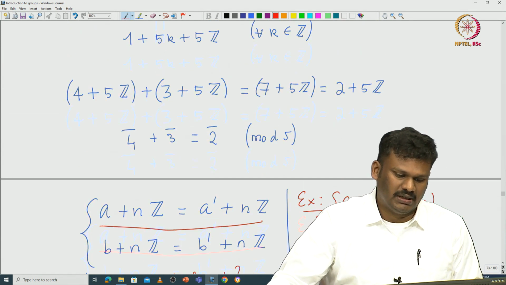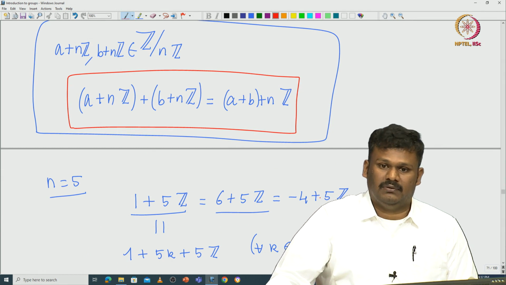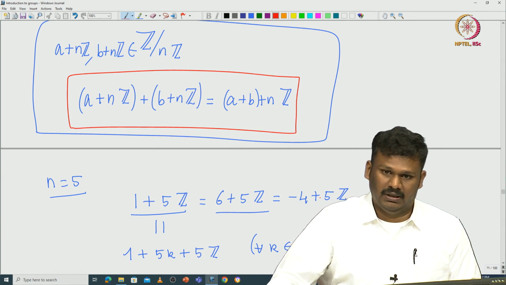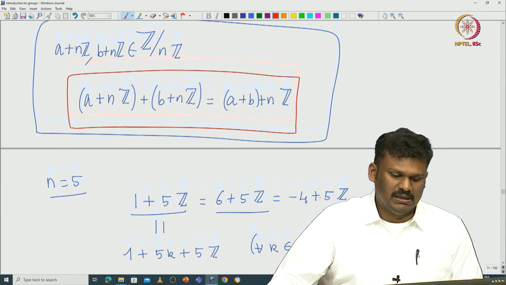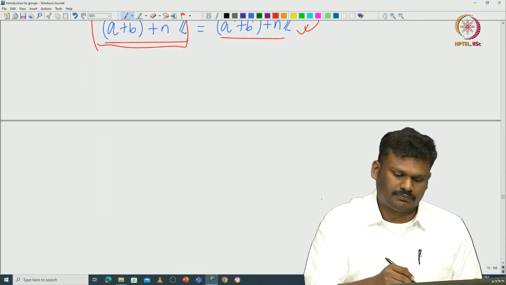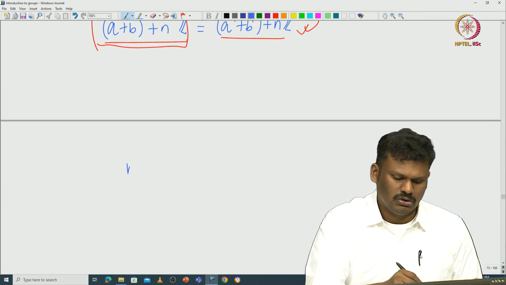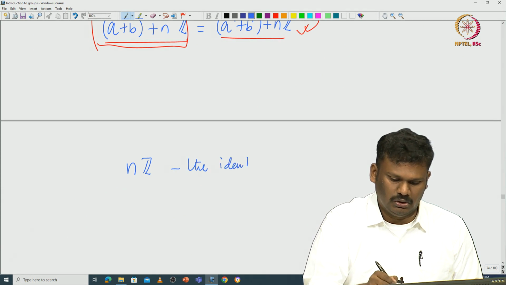Now, associativity is again clear, because associativity will come from the associativity of addition that you already have in Z. Now you can easily see that nZ will be the 0 element, the identity element. That is easy to verify.